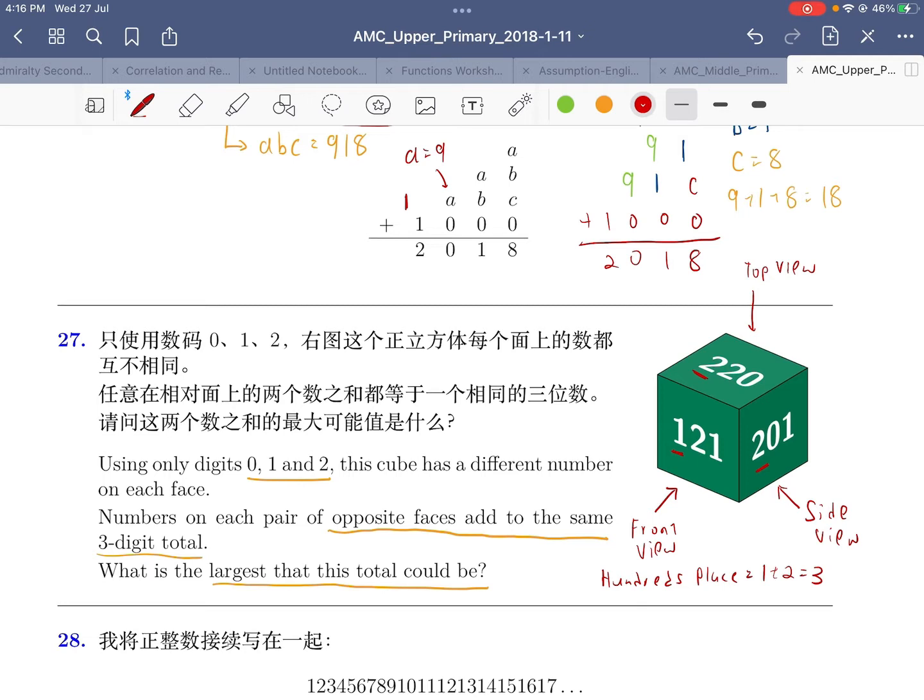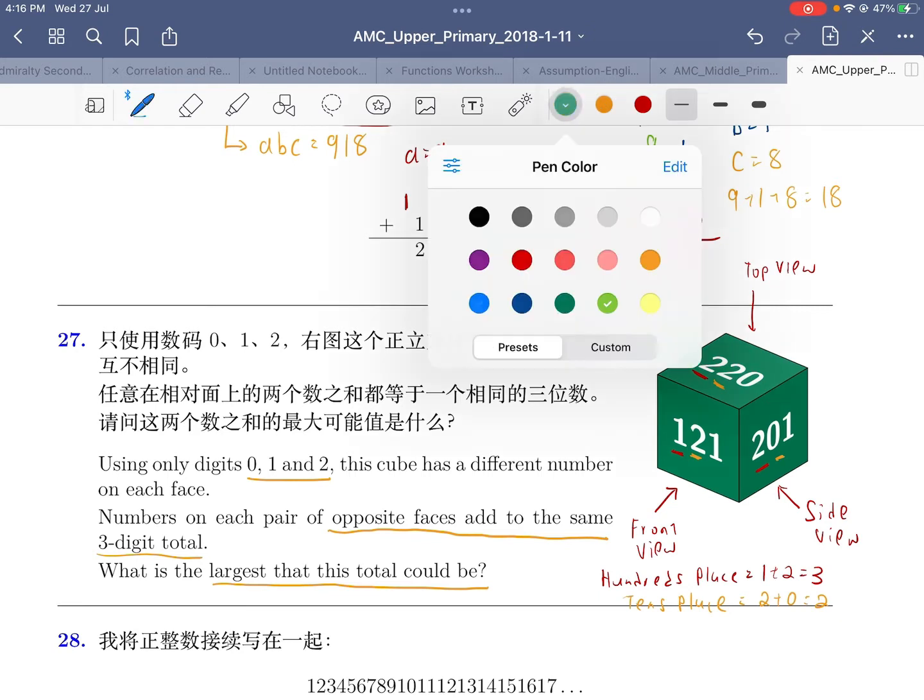Now, we can get this idea going in the same sense. Let's take a look at the tens place. Here we have 2 and 0. Following the same idea, the tens place is just going to be 2 plus 0, which is equal to 2. And what about the ones place?